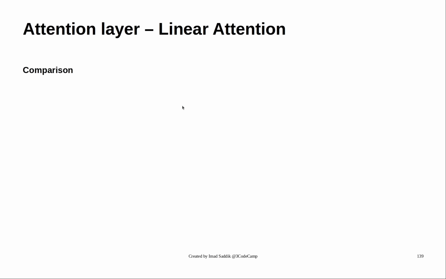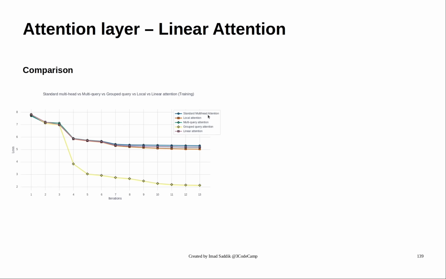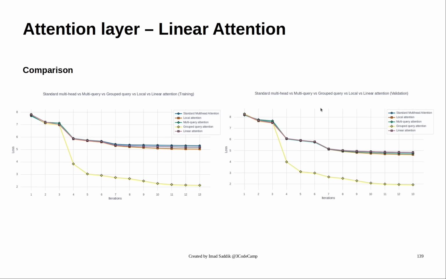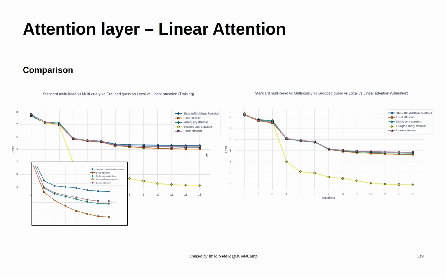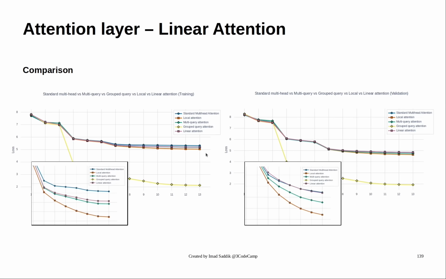Now let's compare linear attention with the previous methods. Here is the graph for the training loss and the graph for the validation loss. Because these curves are close to each other, let me zoom in a little bit so that we can see clearly. Linear attention is this pink curve, and overall, it's comparable to multi-head attention.